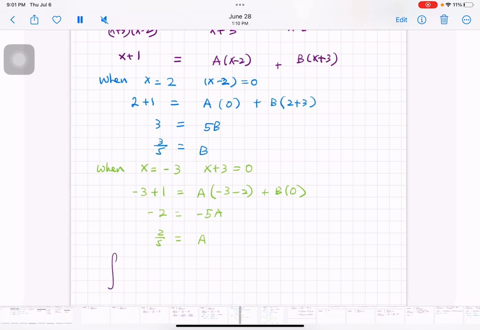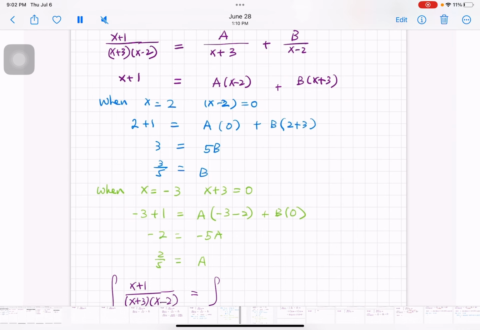So the integral of x plus 1 over x plus 3 times x minus 2 becomes the integral of A, which is 2 over 5, over x plus 3, plus B, which is 3 over 5, over x minus 2, dx.